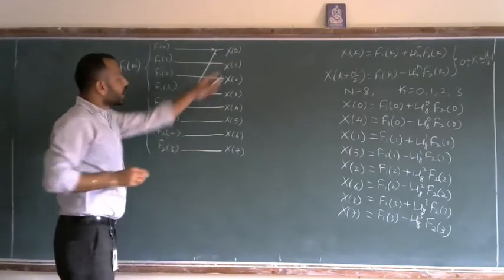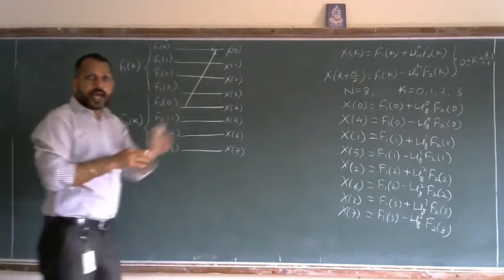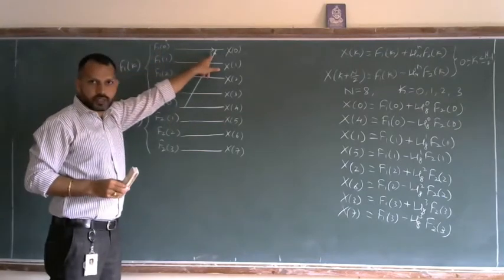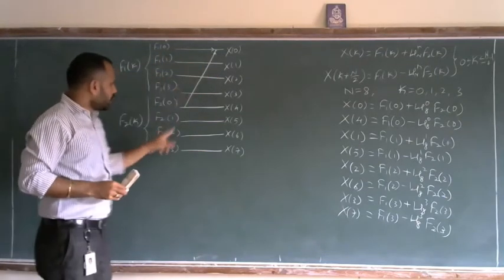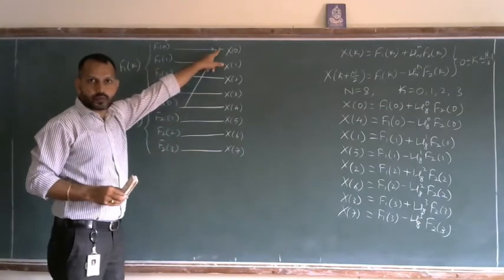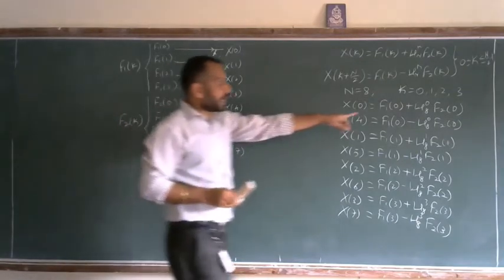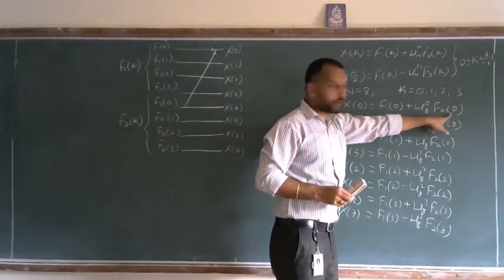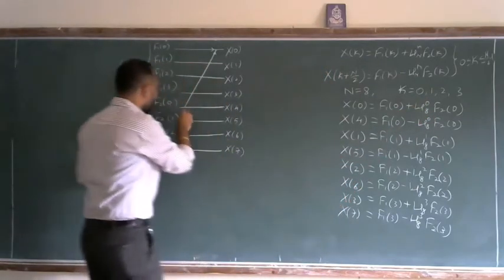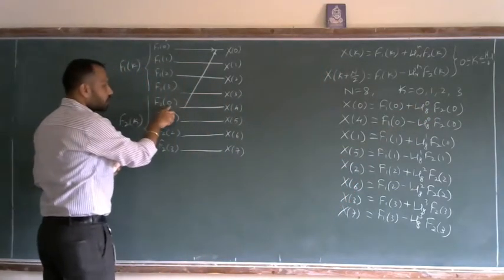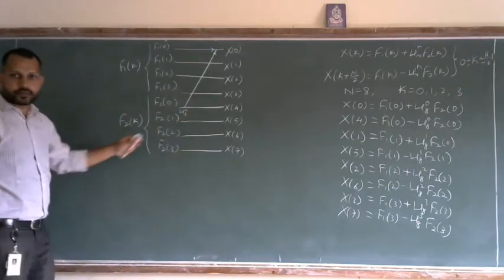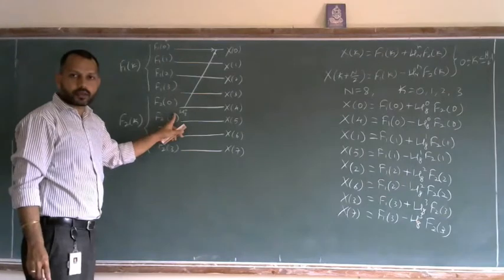So to calculate X of 0, I'll be requiring two signals: f1 of 0, for which I have made the connection earlier, and f2 of 0, for which I have made another connection now. But f2 of 0 has to be multiplied by w8 0. So at this point, f2 of 0, I'll be multiplying w8 0. Is this okay?